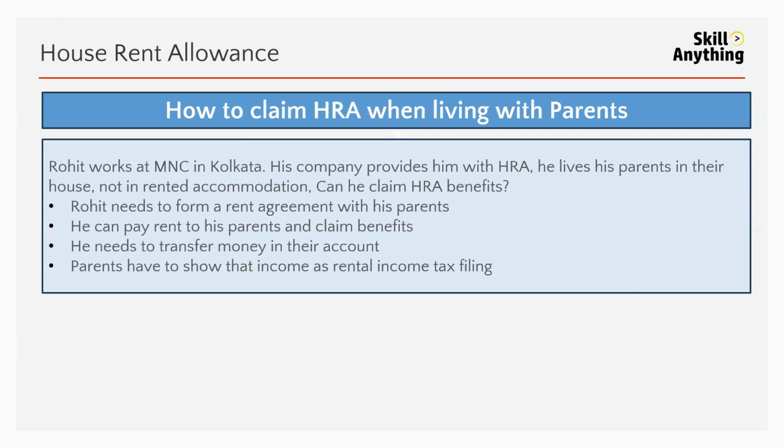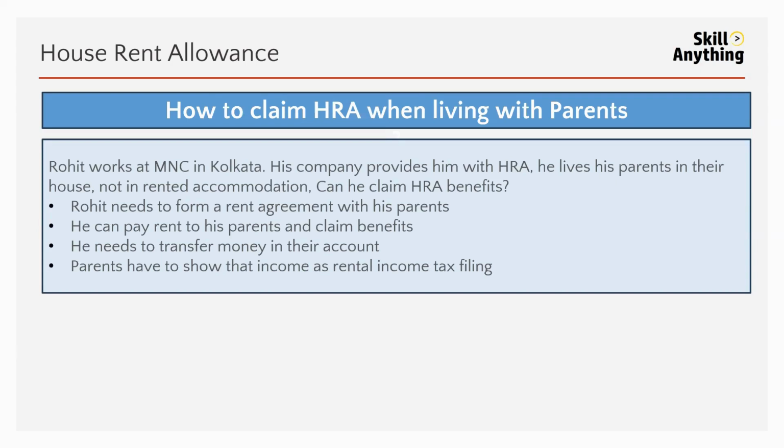How to claim HRA when living with parents? For example, Rohit works in an MNC in Kolkata. His company provides him HRA. He lives with his parents in their house, not rented accommodation. Can he claim HRA benefits? Yes, he can. But first, Rohit needs to make a rent agreement with his parents.